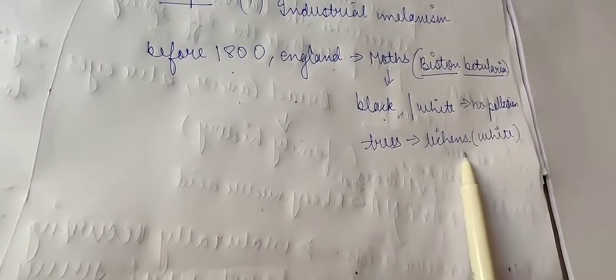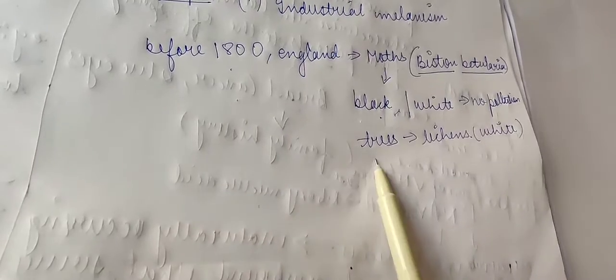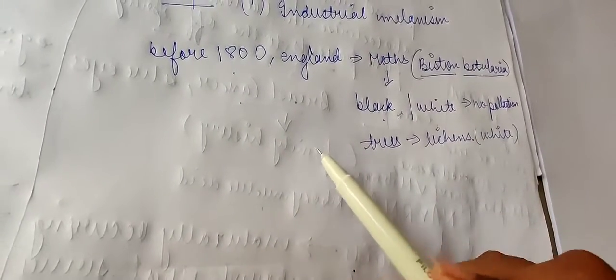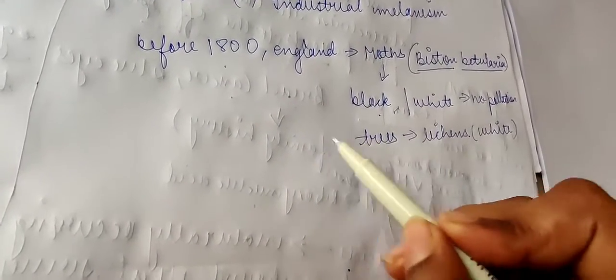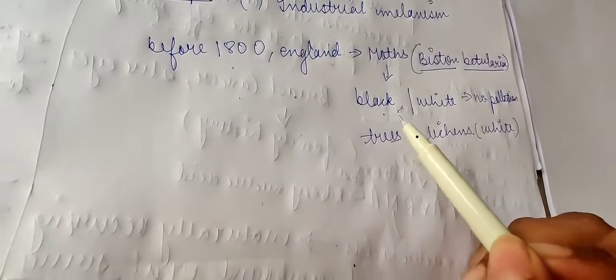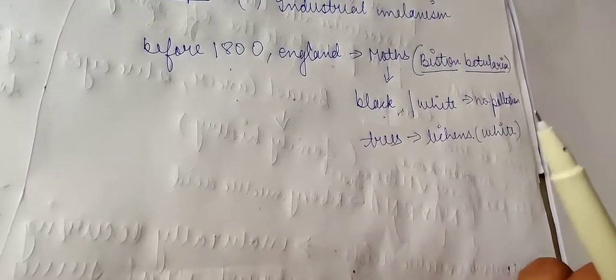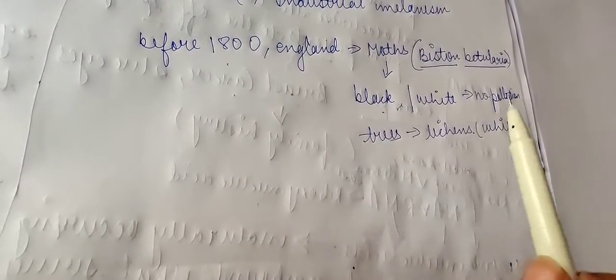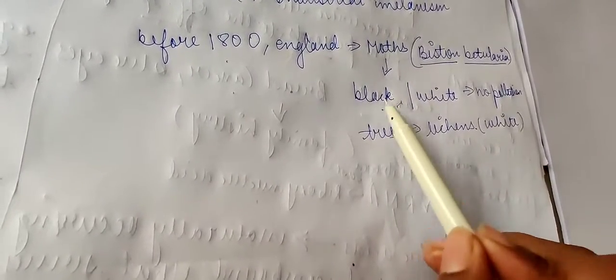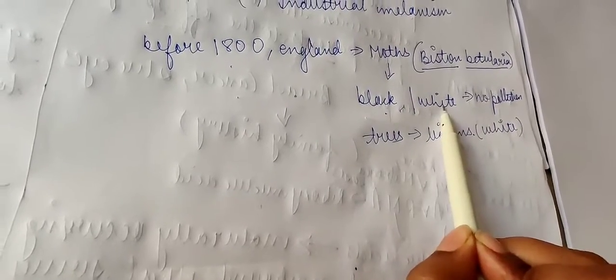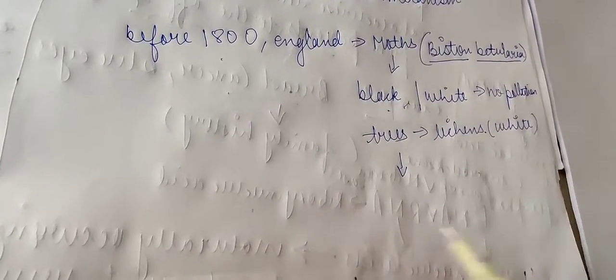Why did they die? Here, this is white paper. If I write on it with a white pen, you won't be able to see it, but if I write with black, you can see the black one. Likewise, the birds used to come and eat the black ones. So white survived.